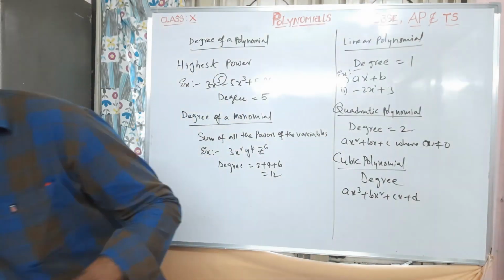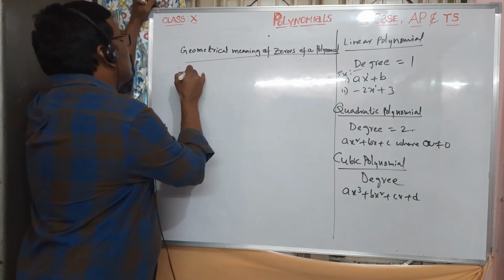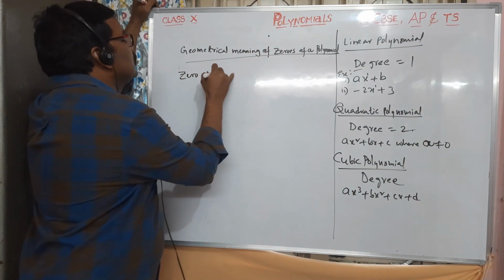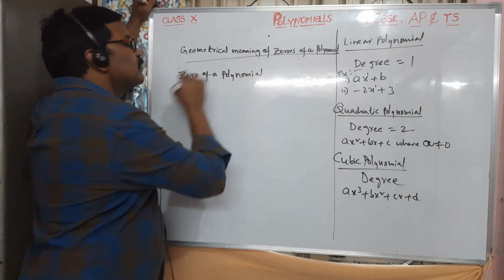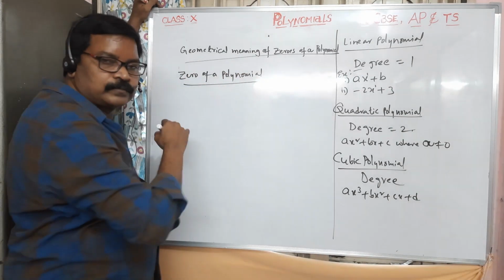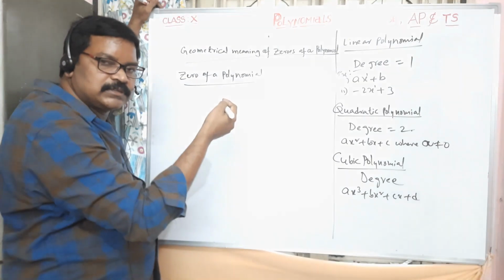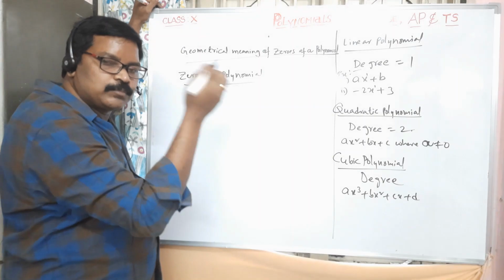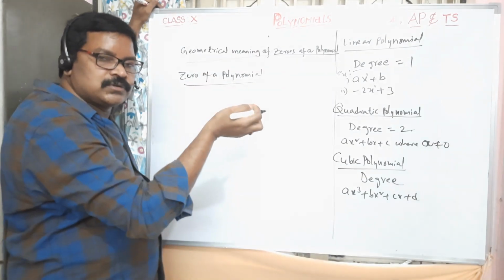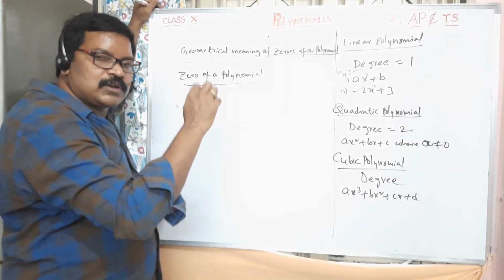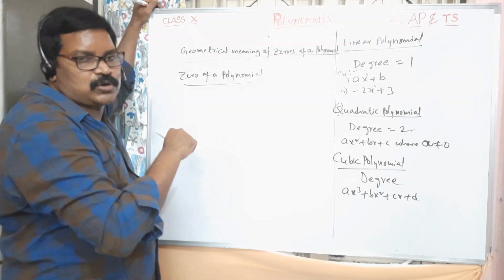The next topic is zero of a polynomial. What is the zero of a polynomial, children? For some value of the variable x, the value of the polynomial will become 0. That value is called the zero of the polynomial.